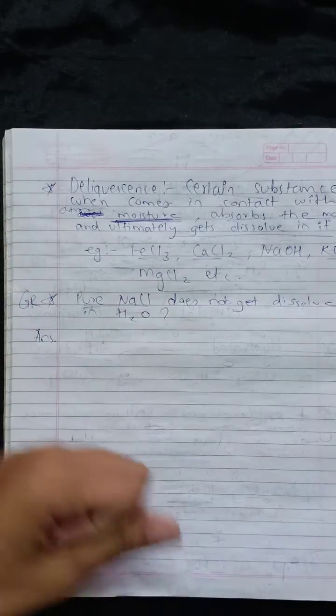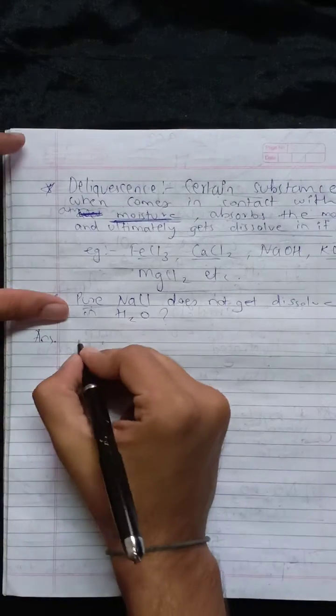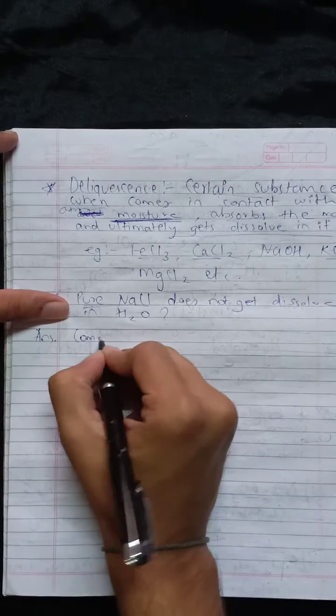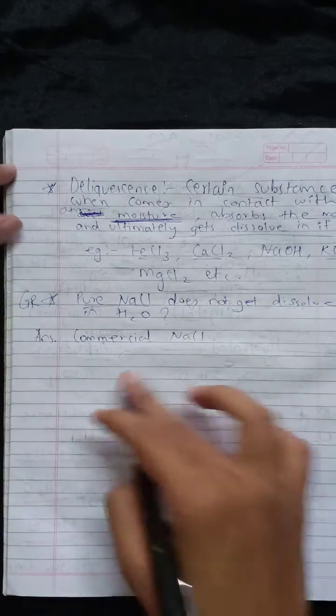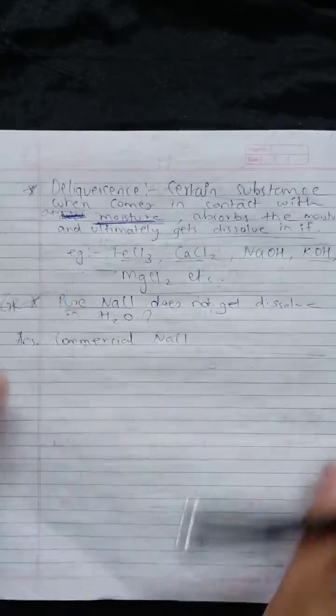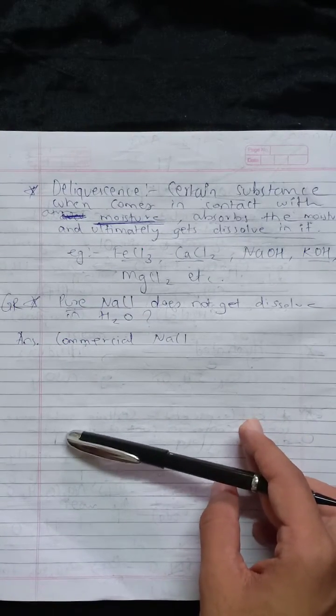But when we bring the salt to our home, that salt gets dissolved, because our salt is not pure, it is commercial salt, commercial NaCl. Commercial NaCl means which is consumable, which we can use in our food and all.